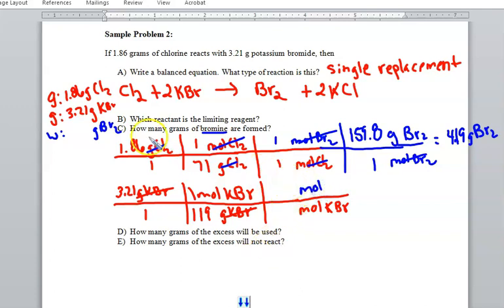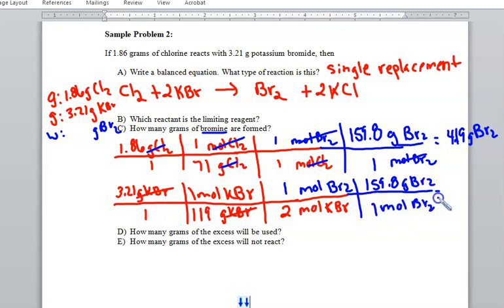Where am I going? I'm going to the product, taking them both to Br2. Where are these numbers coming from? Balanced equation. This guy has a 1. This guy has a 2. I've now switched to blue. Good thing is the molar mass is the same up there, so I'm taking them both to the same guy, so it has the same molar mass. All right, I get 2.16.